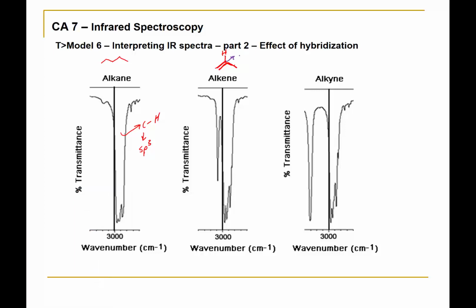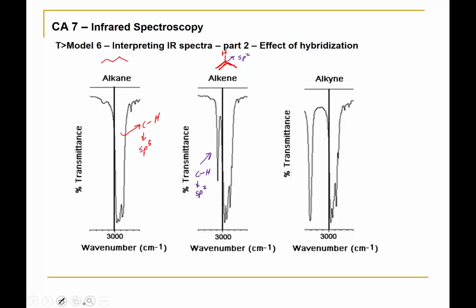This carbon here is sp2 hybridized, and it's making a bond to a hydrogen, and therefore the signal that we would expect to see would be above 3000. This of course corresponds to a carbon-hydrogen stretch where the carbon is sp2 hybridized. That's a very telltale peak that you would see in a spectrum if you anticipated that you had an alkene of this sort.